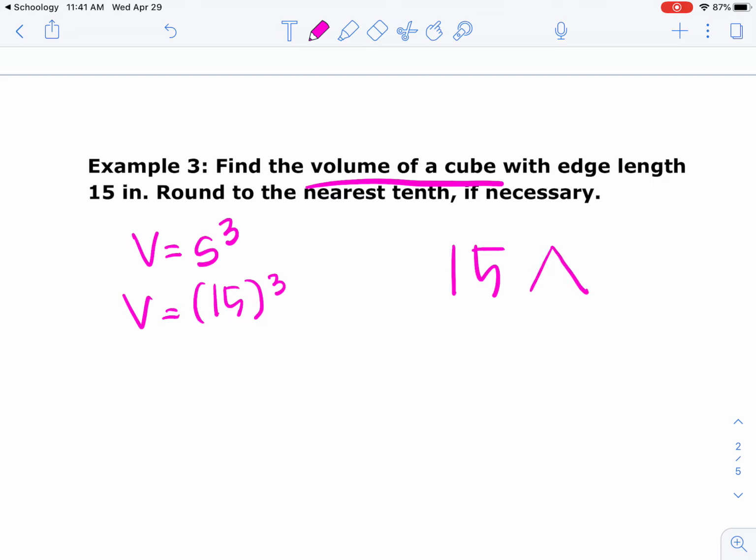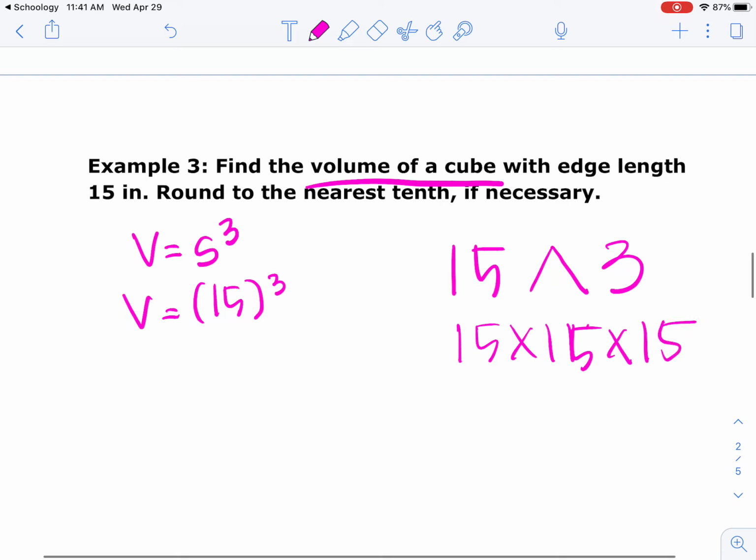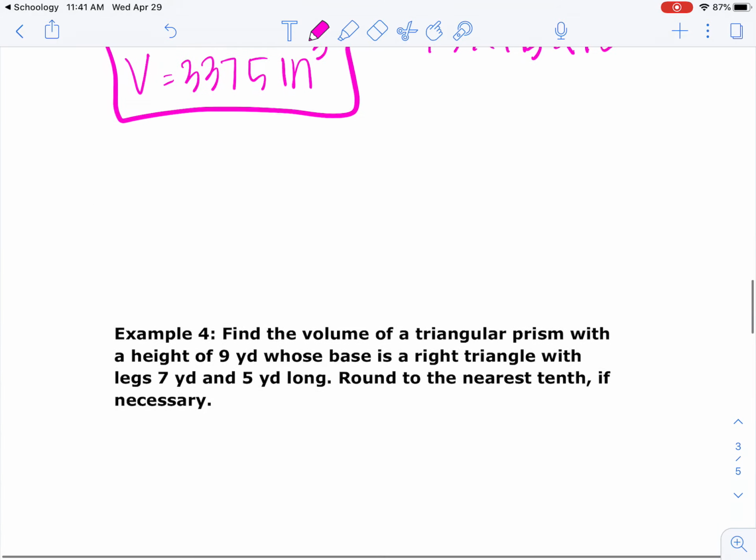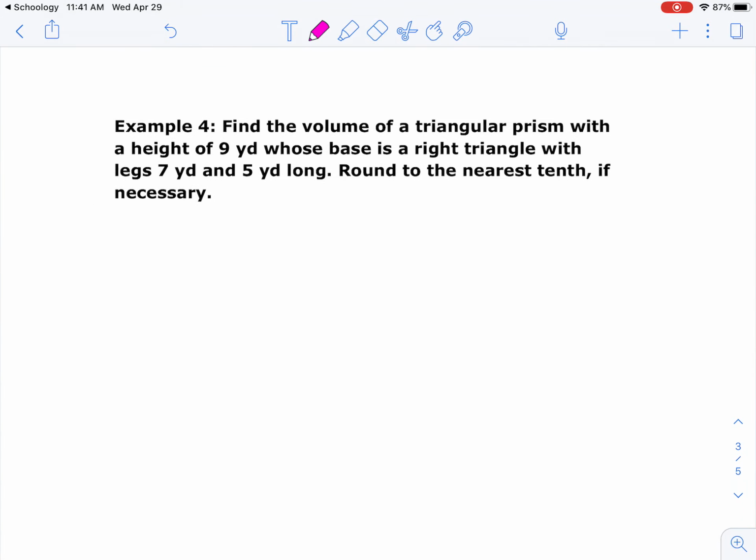That means bring it to a power, and then you're going to put the third power. You could also type 15 times 15 times 15. All right, so you get 3,375 inches cubed, because it's volume, which is cubic inches or cubic centimeters, depending on what it is.